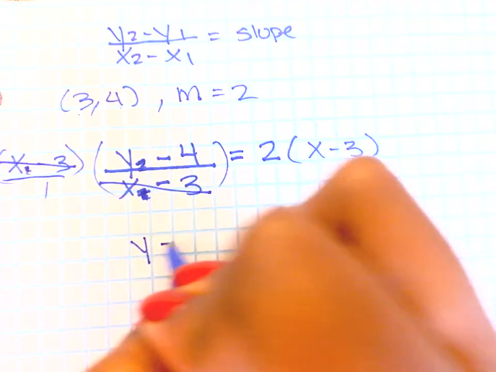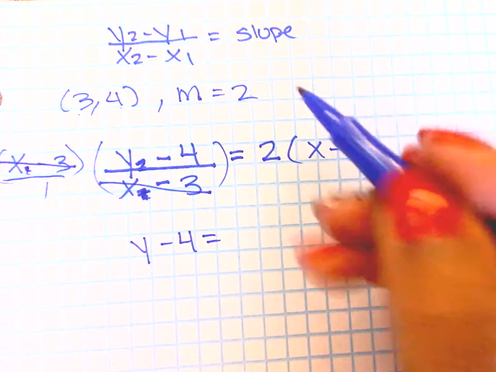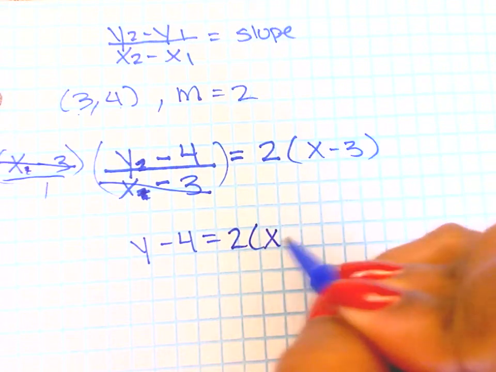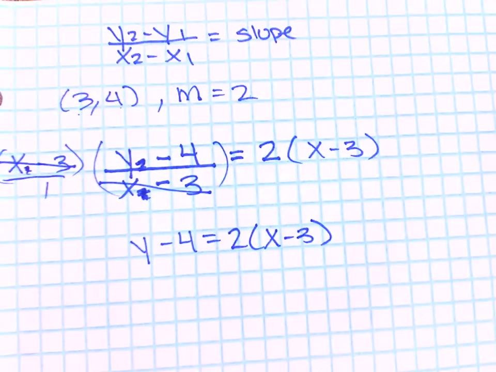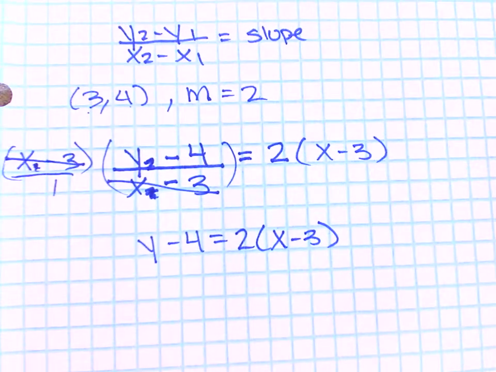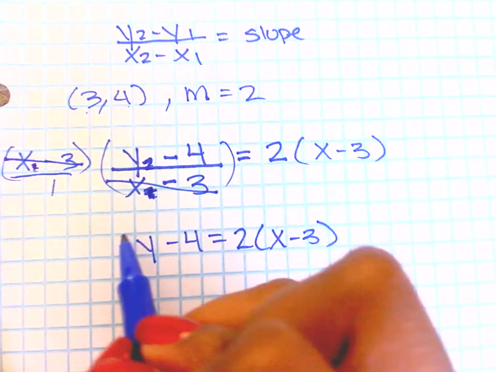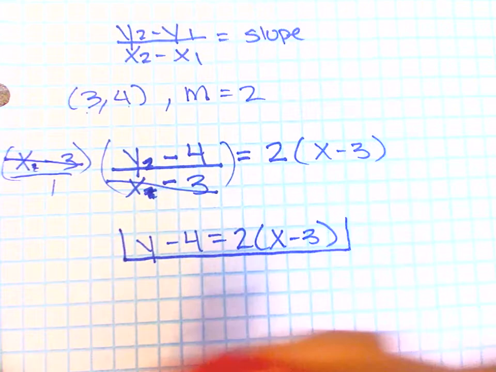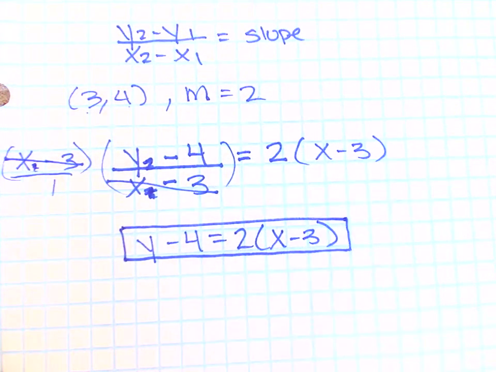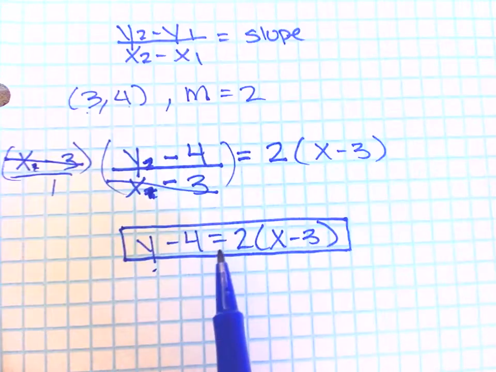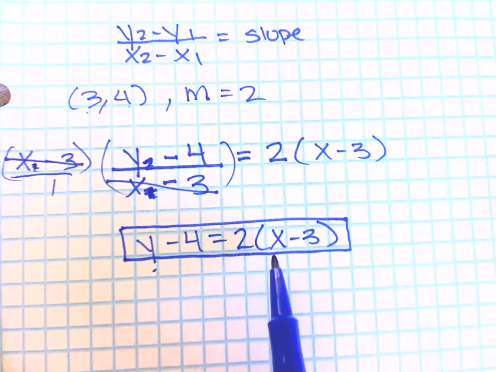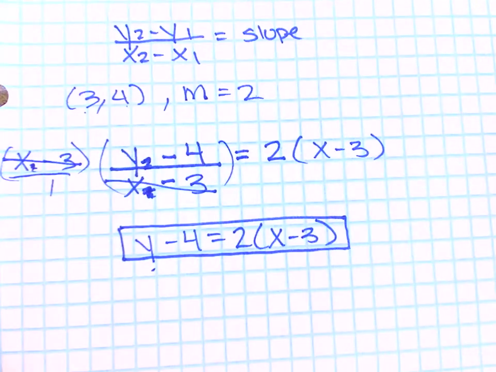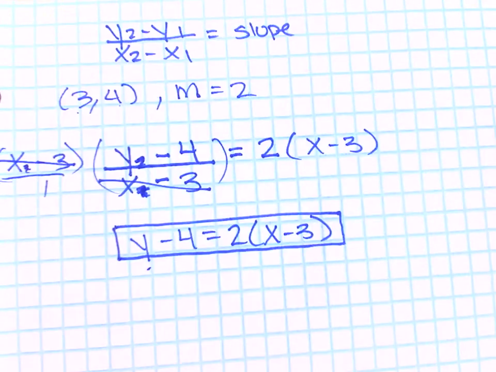I'm left with y minus 4 equals 2 times x minus 3. And that's point slope form. That's my answer, just to give you an example. Because I have y minus y1 equals slope times x minus x1. So again, at the end, you want it to look like point slope form, which is in this formation.